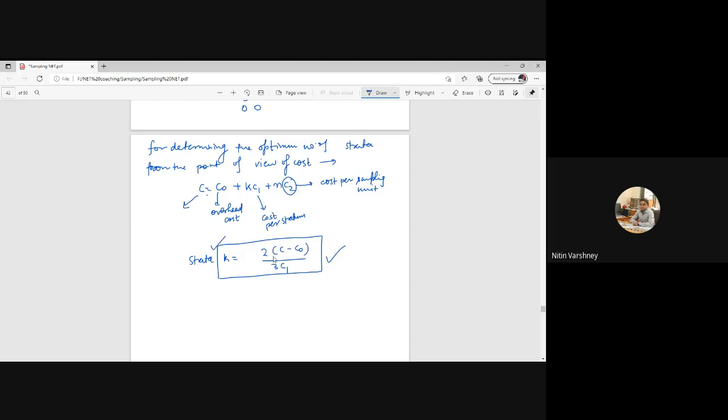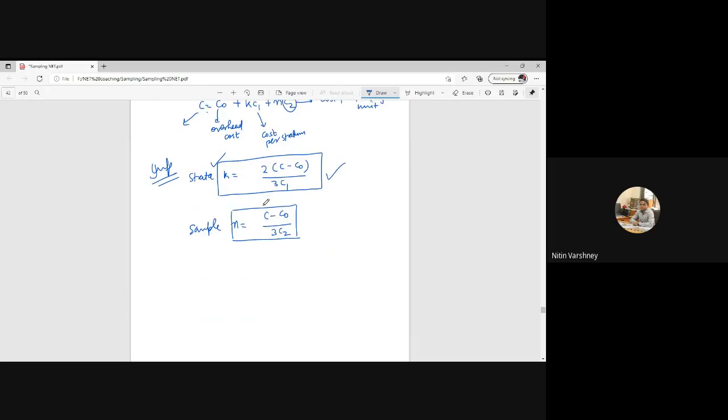So this is the number of strata. Similarly, the sample size we can calculate: n is equal to C minus C0 upon 3 C2. So remember these two formulas, this is important. Okay, so this is important regarding your number of strata.